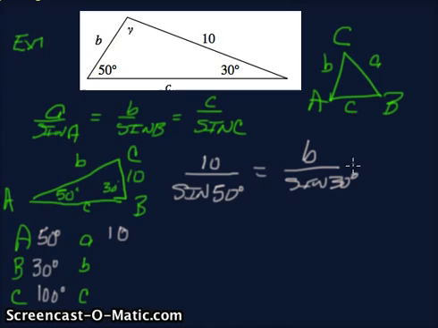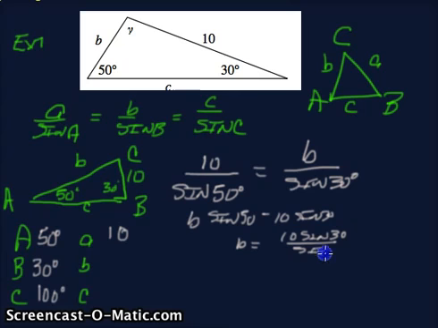Now, let me do this the first time, just one time. I'm going to have to multiply b times the sine of 50, and then 10 times the sine of 30, which means that b is going to be equal to 10 sine of 30 over sine of 50.